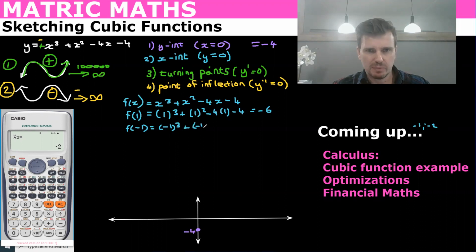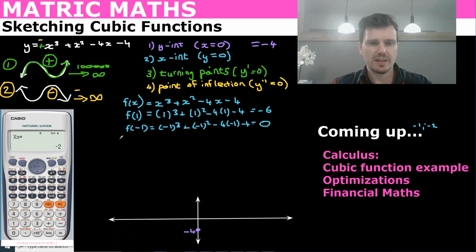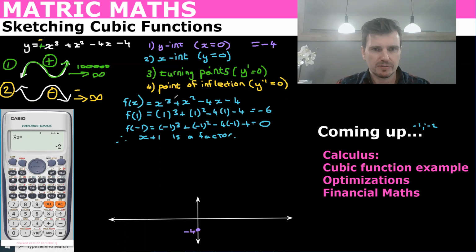I wouldn't actually bother with testing it, because I've done it in my head and I get 0. So I would say, therefore, x plus 1 is a factor. Okay. Now, the next thing I do is I'm going to find my other factor.